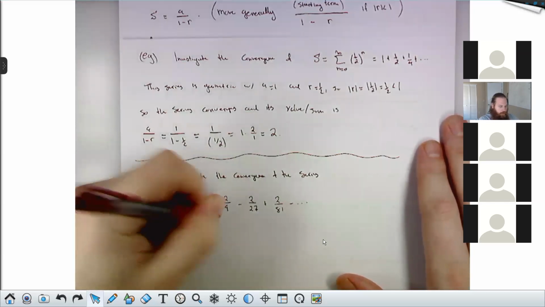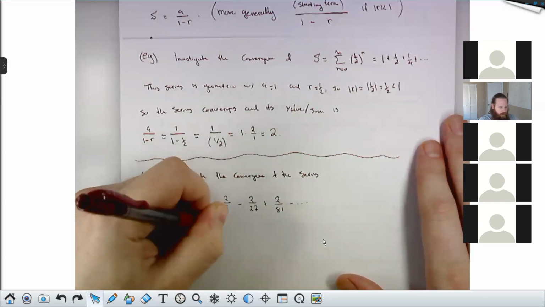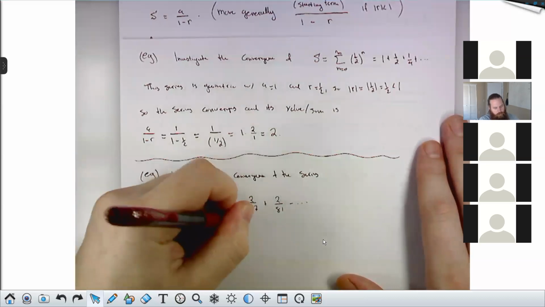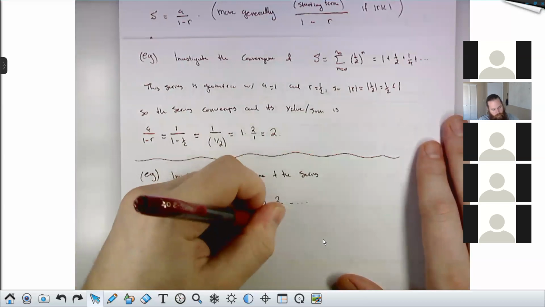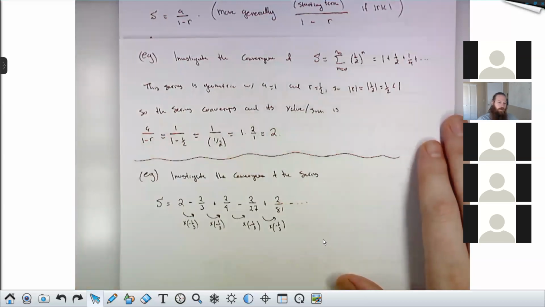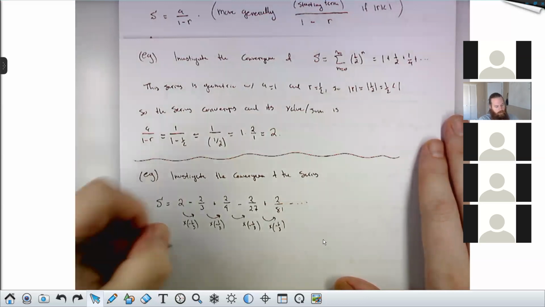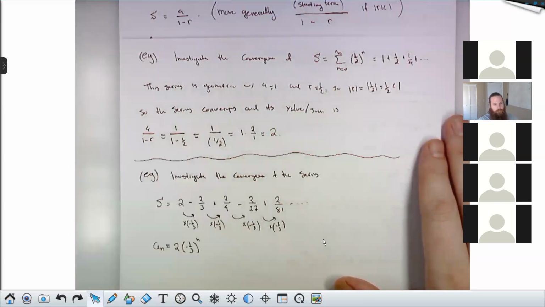To go from negative 2/3 to positive 2/9, you multiply by negative 1/3. To go from 2/9 to negative 2/27, you multiply by negative 1/3. And again, multiply by negative 1/3. So the sequence a_n is geometric. It's 2 times negative 1/3 to the n.